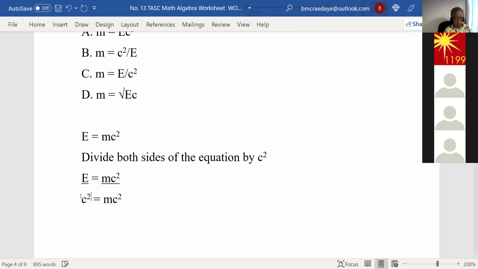Okay, and put the c squared here. And what do we have left? What do we have on the left side?